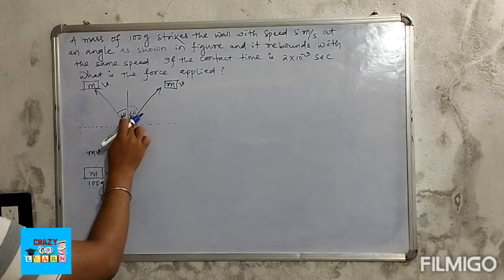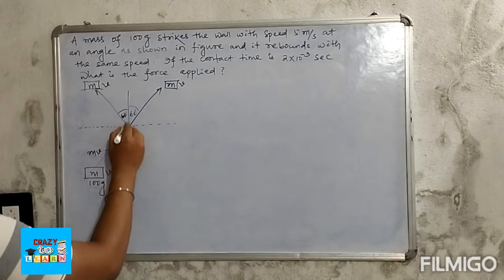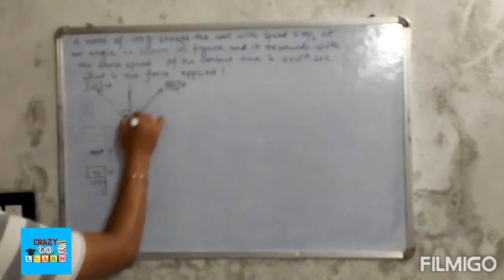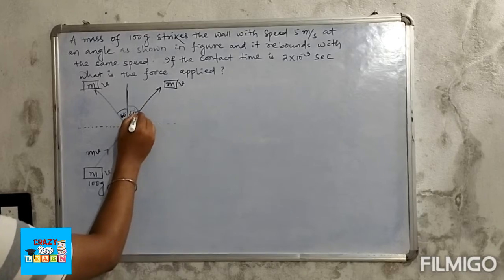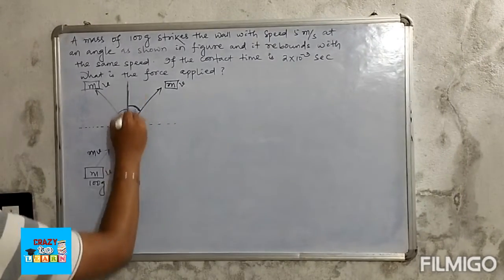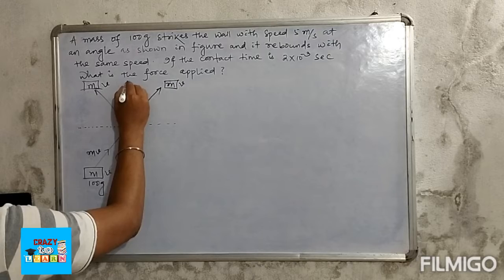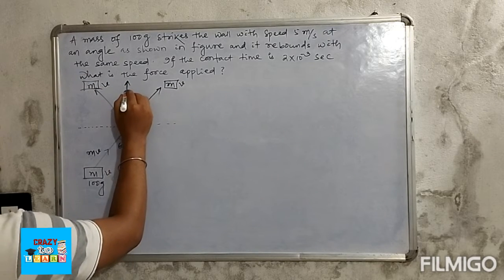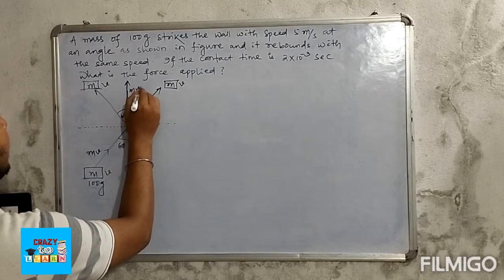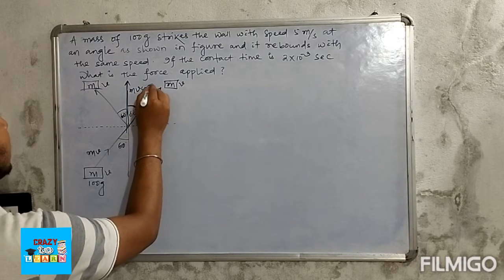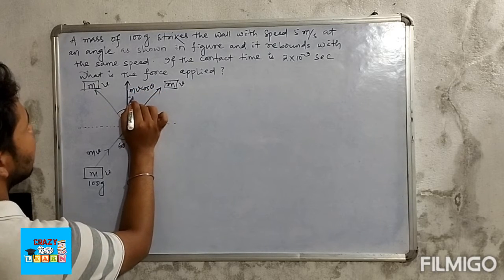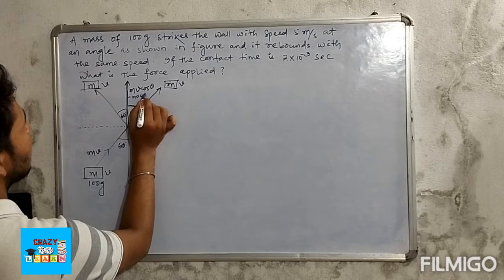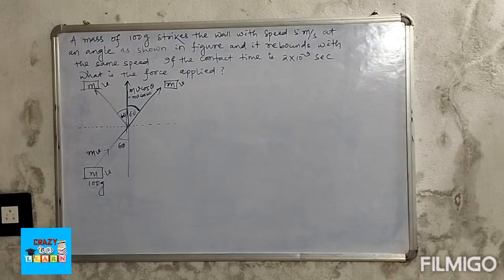Yes or no? This vector mv makes a 60 degree angle with this component, so this is your mv cos theta, which we can write as mv cos 60.